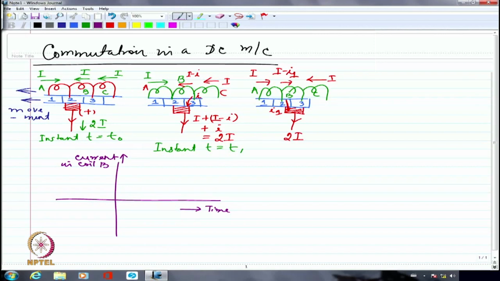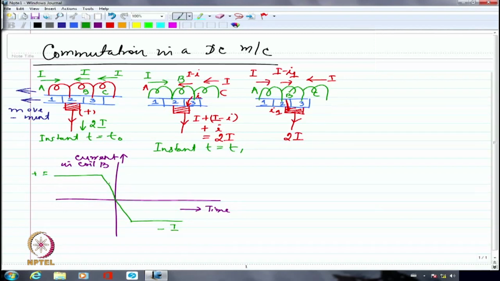At that point in time, I had the current as plus I. Then it started slowly varying, and then it will ultimately go to minus I.